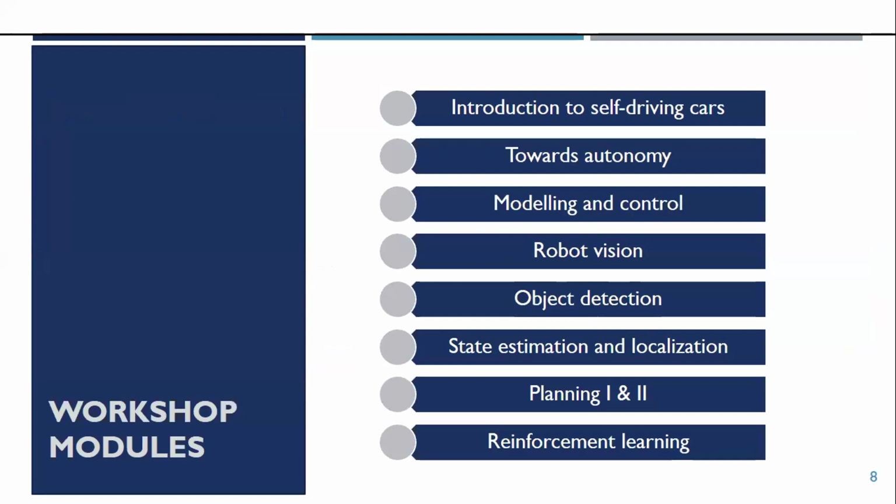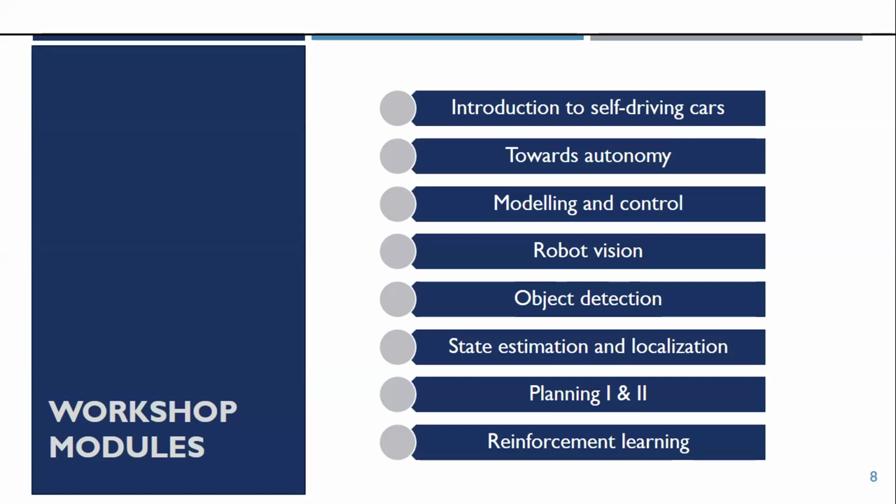Then we have state estimation, localization, and reinforcement learning, where we explore how robots understand their position and how they learn from different interactions. We also have the planning and control module, where we develop strategies for robots to move and complete tasks more efficiently.